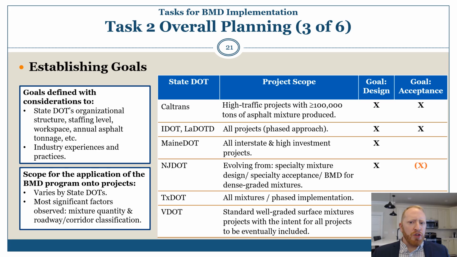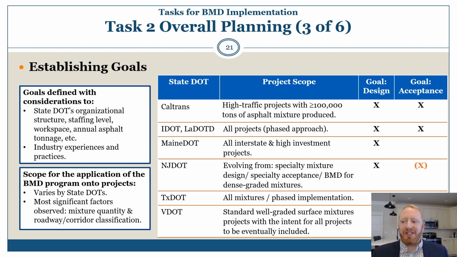So you can see, as far as goals, to the right here is the table of the agencies that we looked at and asked to try and categorize, and you see a wide range. We see some states that wanted it on all projects, all mixes. Now they used a phased approach, but their end goal was to put it everywhere, for design and into acceptance and production.